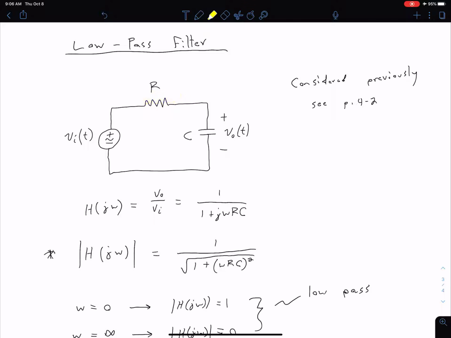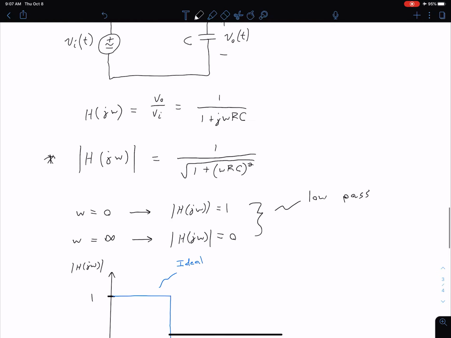The point to keep in mind is that what type of filter you have, what type of frequency behavior, depends on where we define these inputs and outputs. So it's not necessarily an inherent property of the circuit itself, it also depends on the definitions that we apply to the circuit.